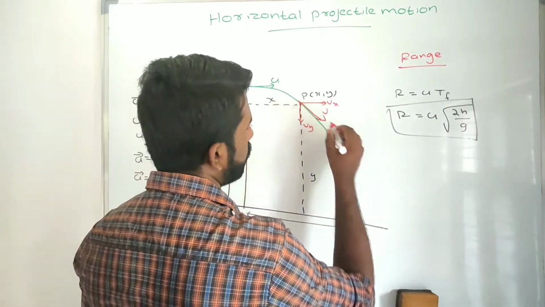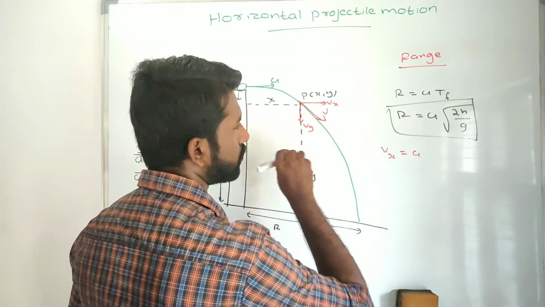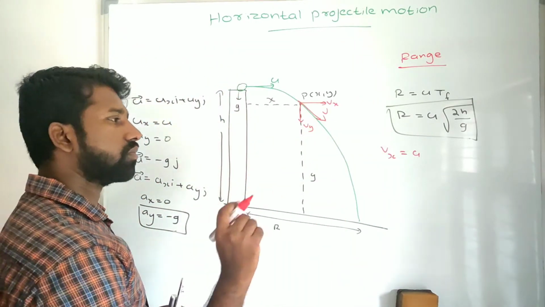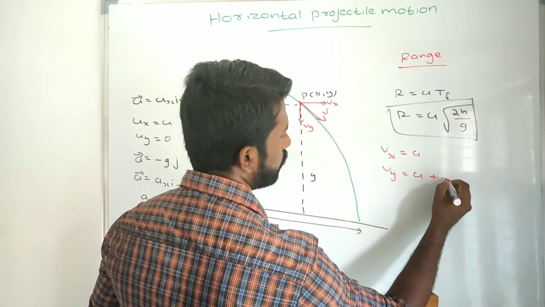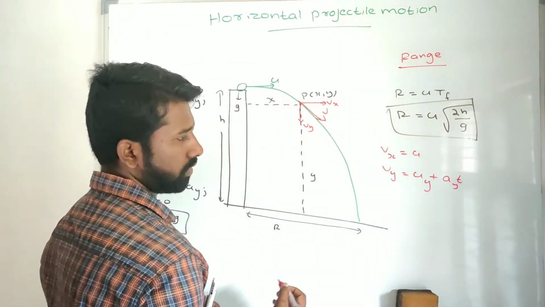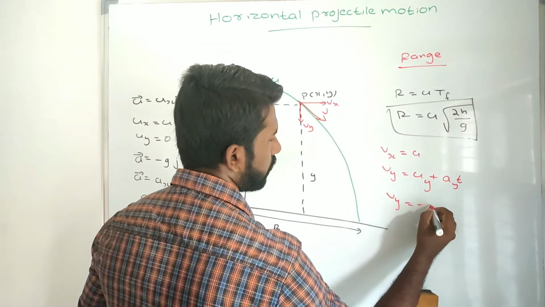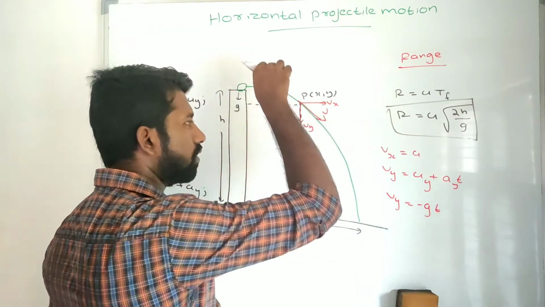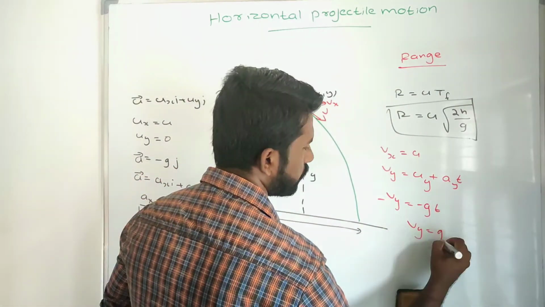The horizontal velocity Vx is equal to u, because horizontal direction is uniform motion. The vertical velocity is equal to u plus at, where the initial vertical velocity is 0, so Vy is equal to minus g into t. The vertical velocity is also downward, so Vy is equal to gt.